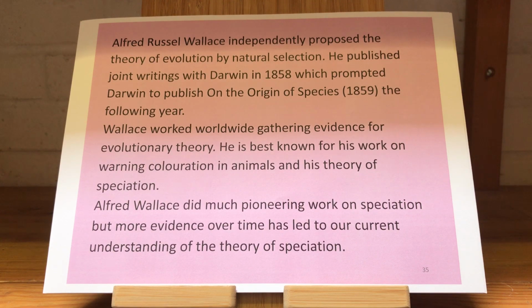He also worked on evolutionary theory and warning coloration in animals. So this was where animals may display certain colours to ward off predators or to encourage mates. And then he did stuff on speciation as well. Okay, and so he was kind of more known for the speciation stuff than anything, but he did work with Darwin.